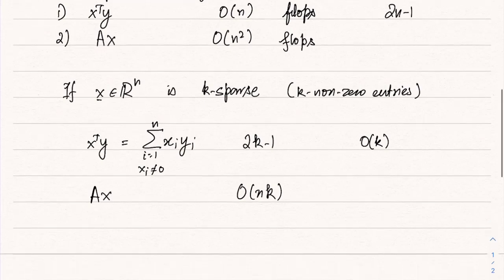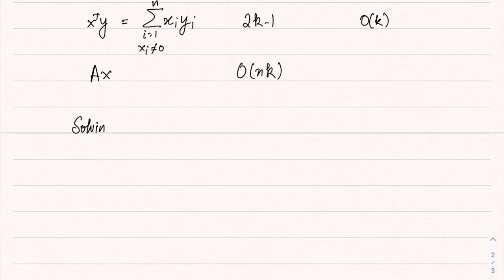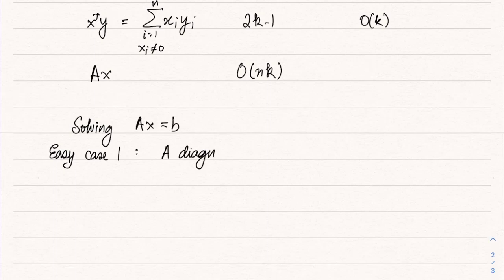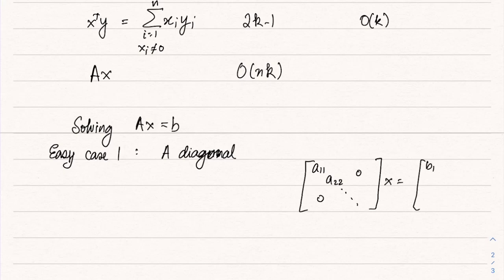So for example, when we talk about solving Ax equal to b, a very simple case, easy case 1, is when A is diagonal. When A is diagonal, what can we do? Remember that a diagonal matrix would be of the form a11, a22, and so on, with all the rest 0, times x equal to b1, b2, all the way to bn.